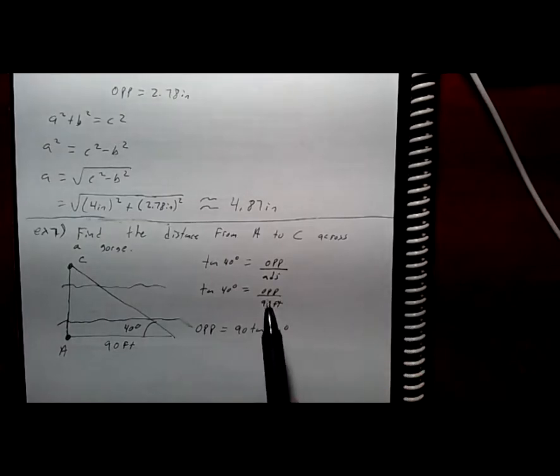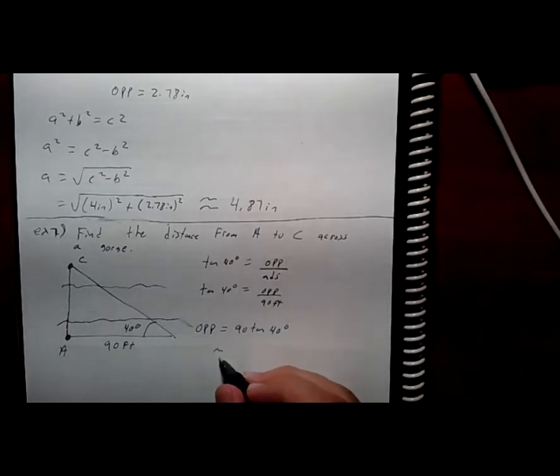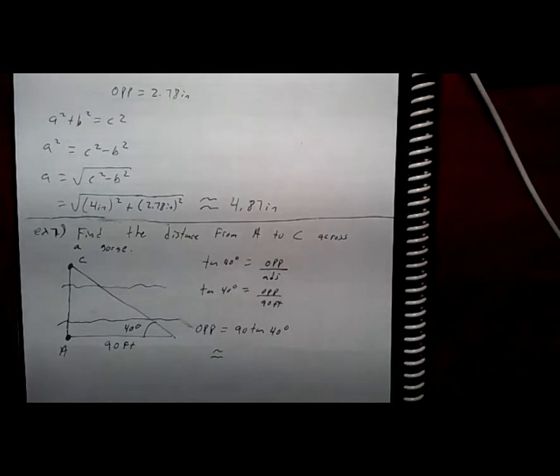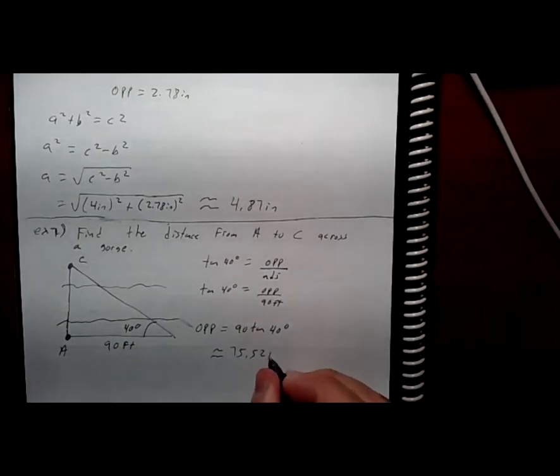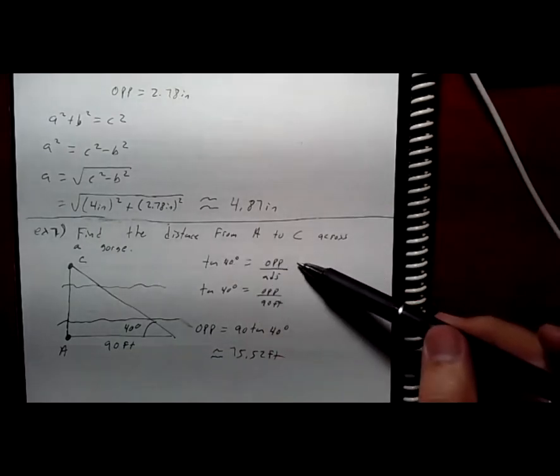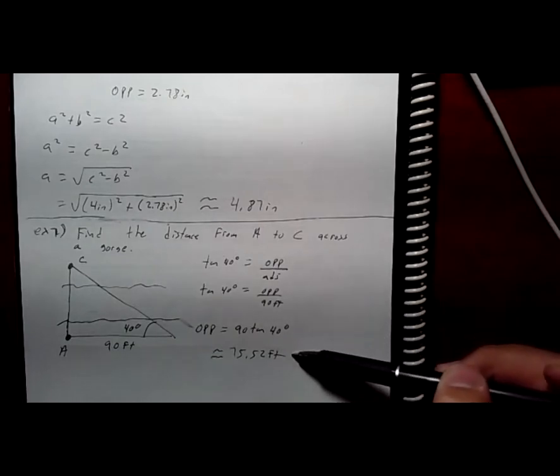Just multiply 90 over here. You'll get opposite by itself. Punch this into your machine and you will get the distance across the gorge. So that is about 75.52 feet. Are there any questions on why I chose tangent or the algebra along the way?